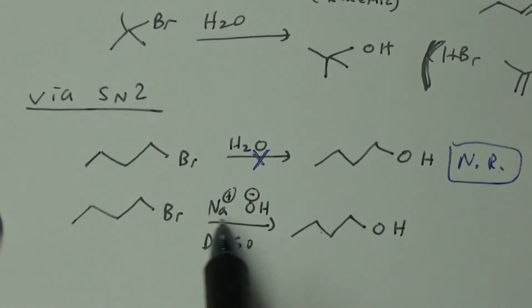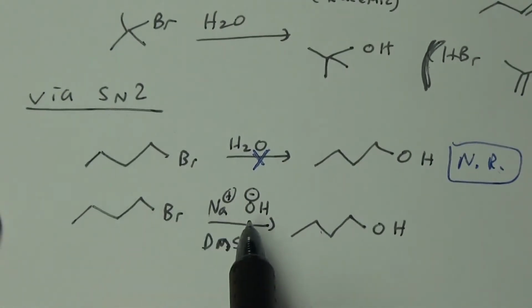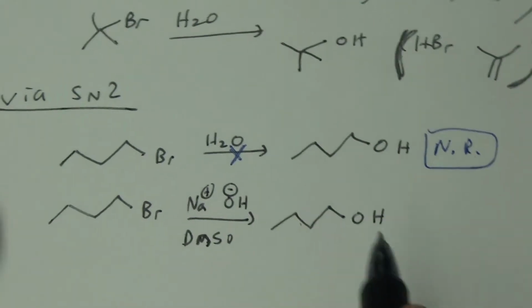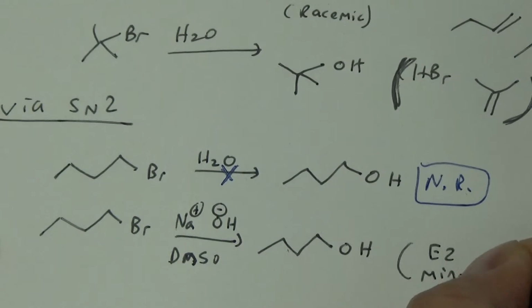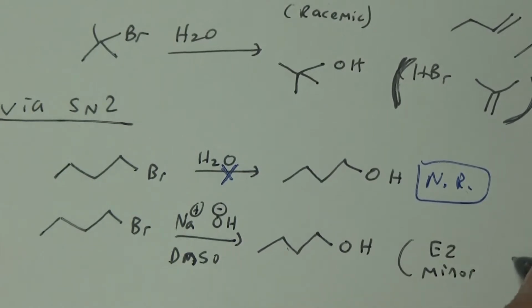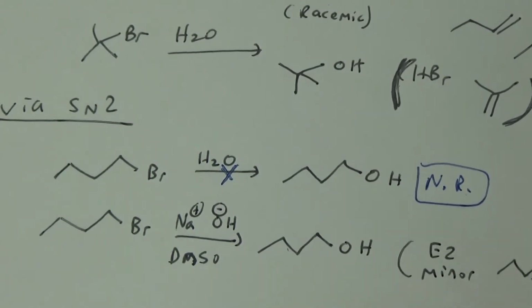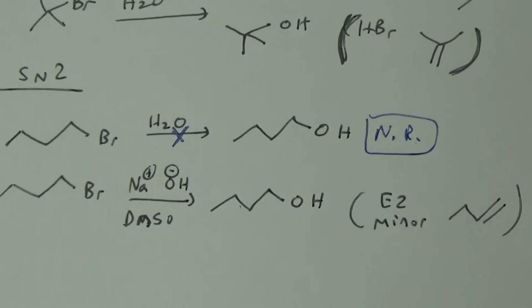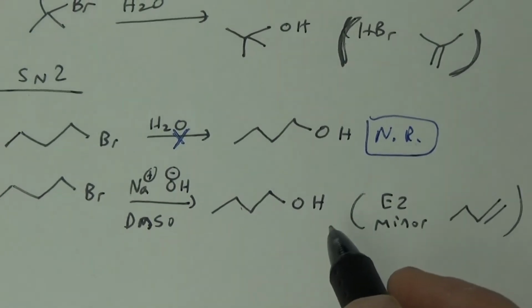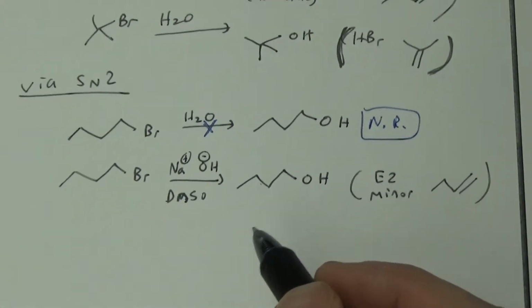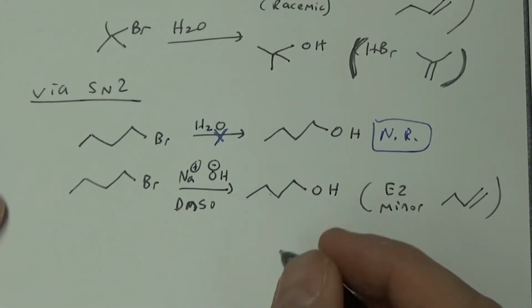And what happens with good bases on primary, secondary, or tertiary? You actually get some E2. So you might get something like that. So that's not actually perfect. It's not a perfect reaction, but you will get some of your desired alcohol product through an SN2 reaction.